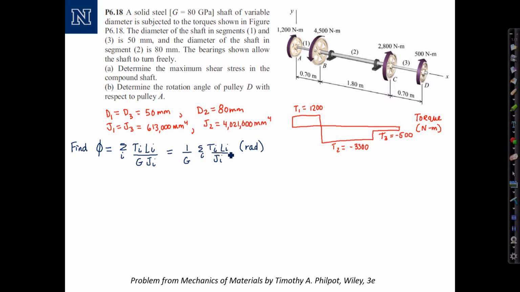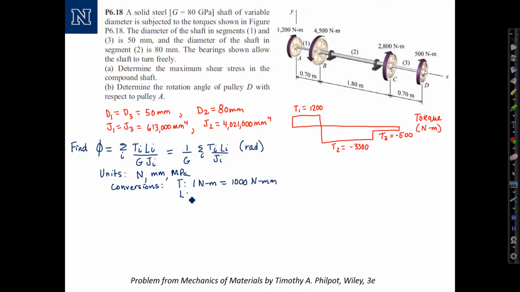We know most of the numbers we need to go into this equation, but the units are tricky, so I'm going to be deliberate about this. Working units: newtons, millimeters, and megapascals. So we have several conversion factors that we need to consider. The first is that torque should be converted from newton meters to newton millimeters. 1 newton meter is 1,000 newton millimeters.